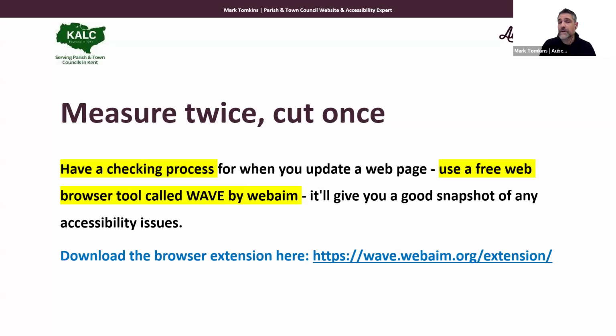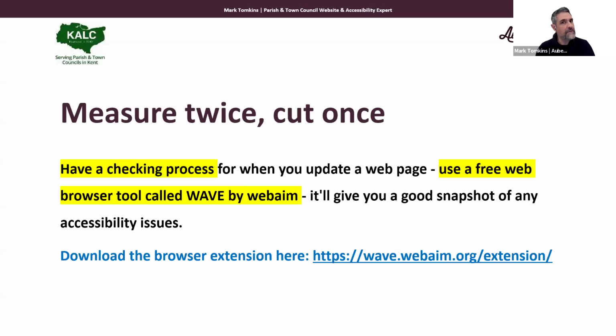This might be your first time checking your website's accessibility compliance. Well, the best thing that you can do is to install a free browser checking tool onto your Chrome or your Bing called Wave by WebAIM. There's a link, but you can Google it as well. It'll add a little button to the top corner of your browser, and you can go to a web page and press it and it'll tell you whether you've got any website issues or not.